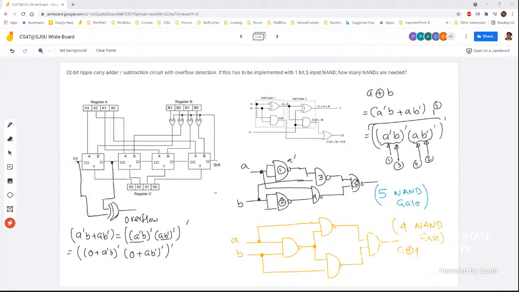Now from there, we can represent 0 by identity. We can represent this 0 as, let's say, B bar. Sorry, this is not a capital B. B bar plus A bar B, and this 0 we can represent as A bar, (A B bar) whole bar.